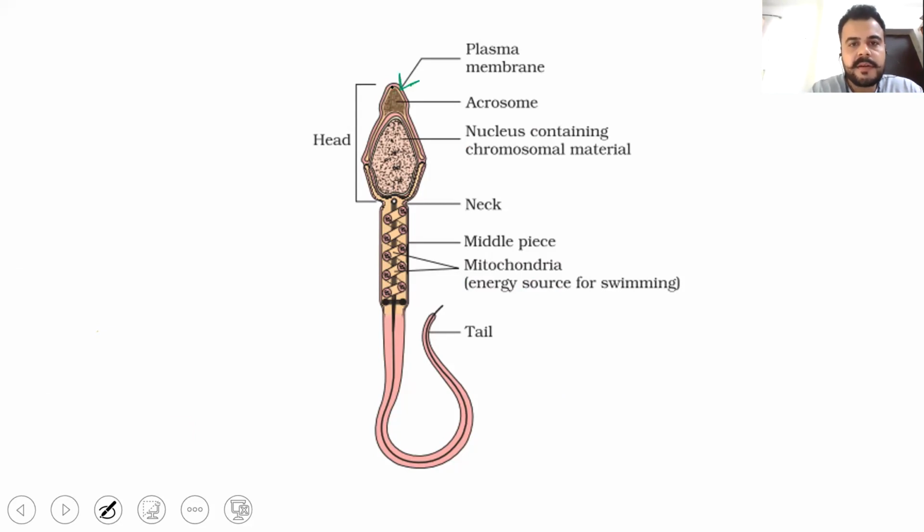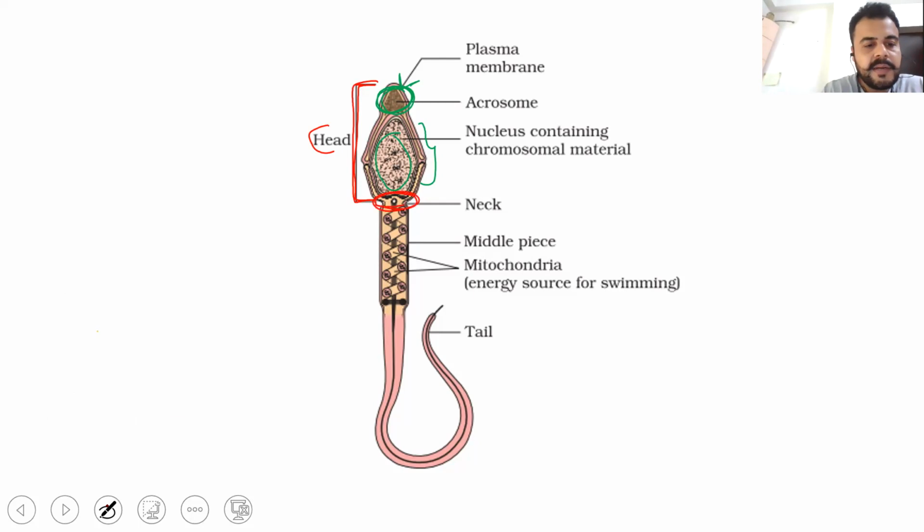Then the front part is the acrosome. Over here you see the nucleus, this part is the entire nucleus. We call this entire region, which has acrosome and nucleus, the head. Sperm has three parts. Then this part is the neck.